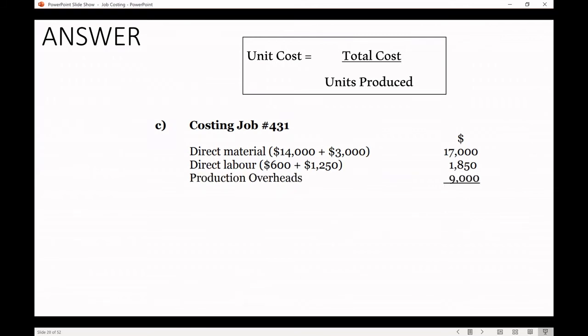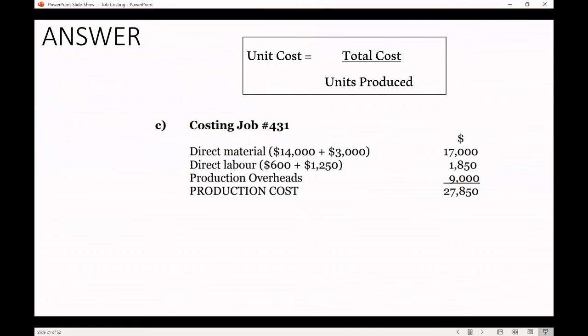The next element was production overheads. And we would have calculated or allocated overheads from part B of the question. So our overheads is going to be 9,000. The sum of that, which is our production cost or total cost, whatever you want to call it, is $27,850, right?